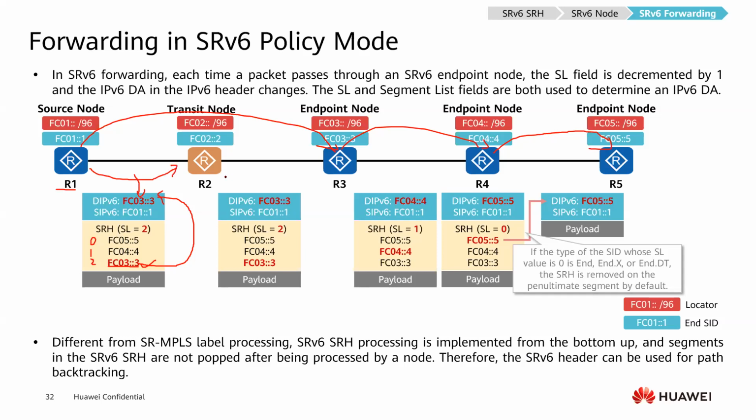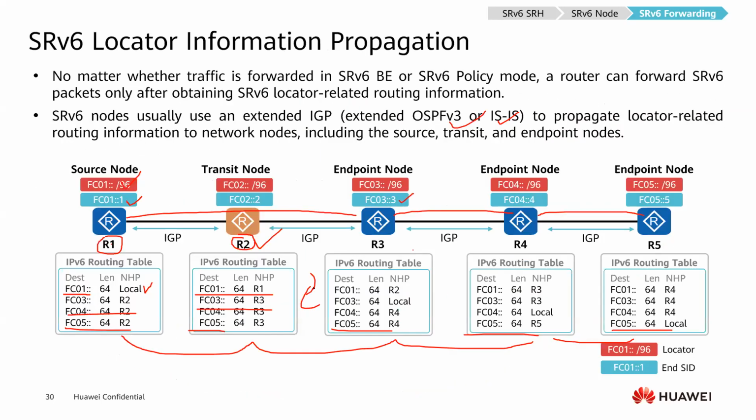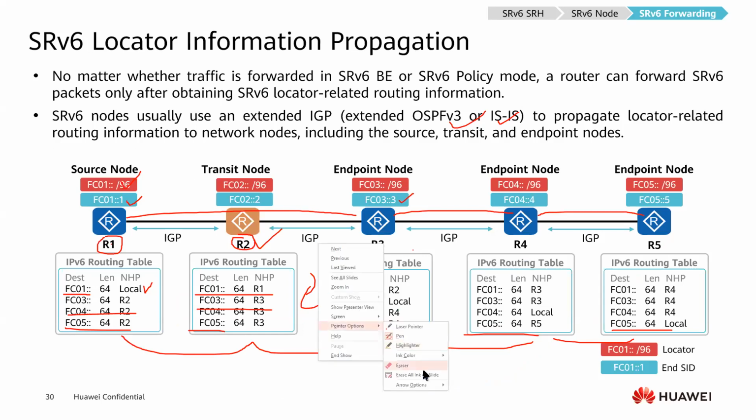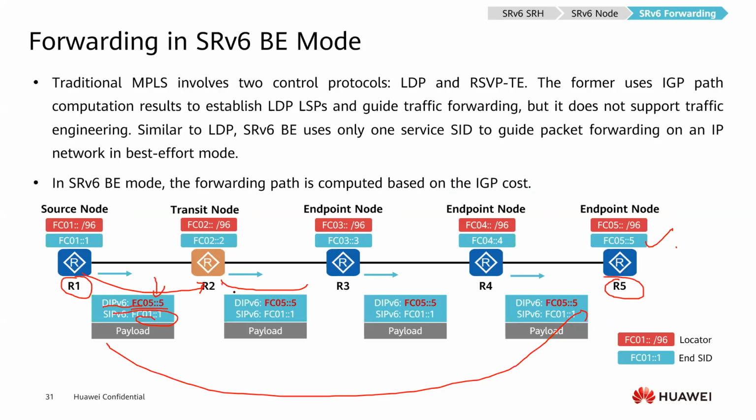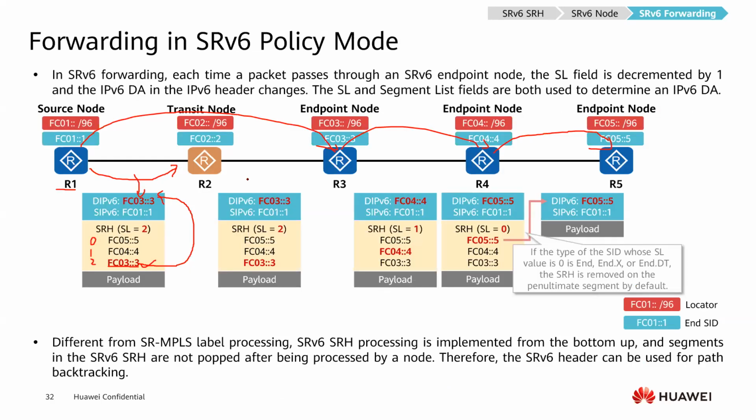R2, based on its routing table, will send it to R3. Since R2 is a transit node, it will not process the SRH header. It will just leave it like this and send it to R3.